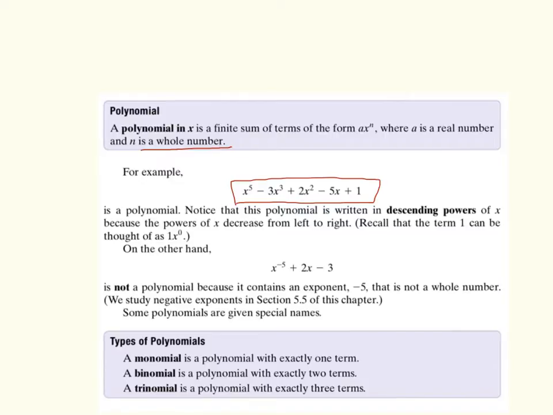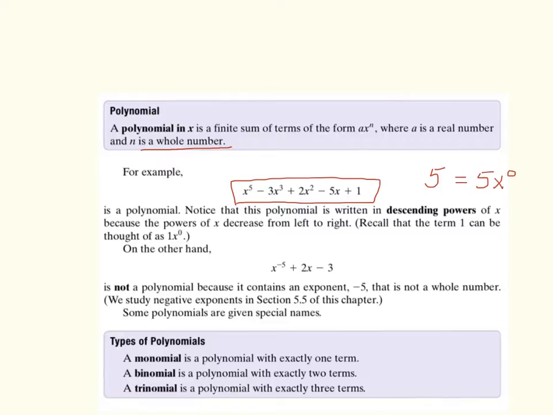For instance, if I write down the number 5, remember x to the 0, anything to the 0 is 1. So if I write 5, can't I really say that that's 5x to the 0 power? Because x to the 0 is 1, and 5 times 1 is 5.